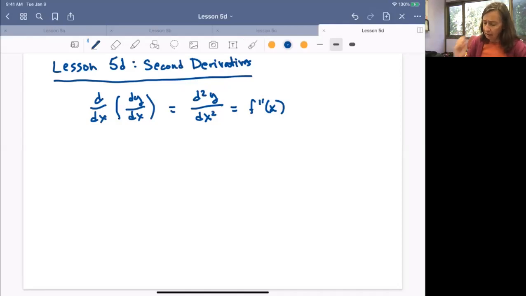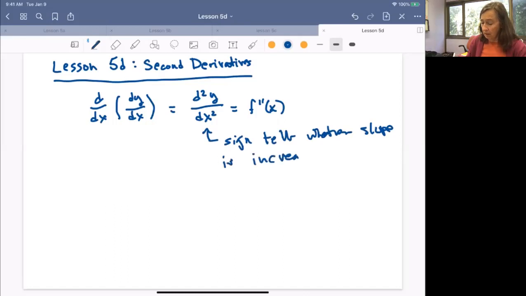So back to the meaning of the second derivative. The sign of the second derivative tells us whether the slope, that first derivative, is increasing or decreasing in x, right?